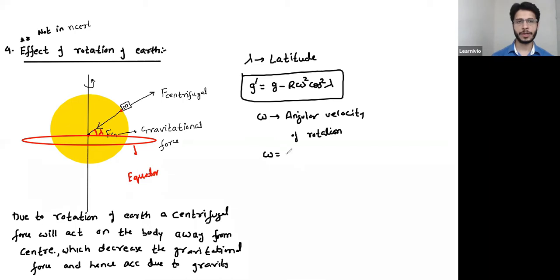You can write your omega as 2 pi over capital T. This is omega, 2 pi by T. And here this lambda is the latitude.